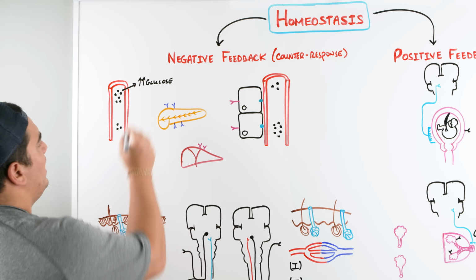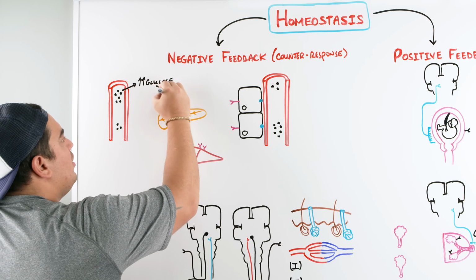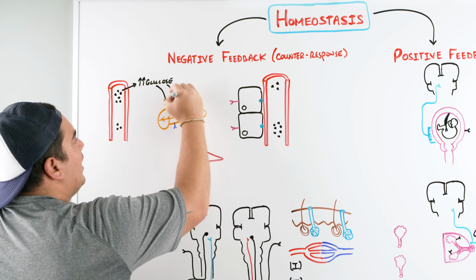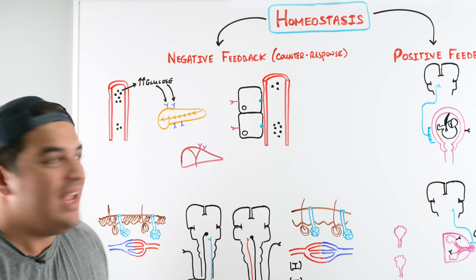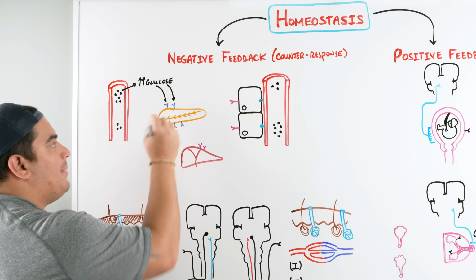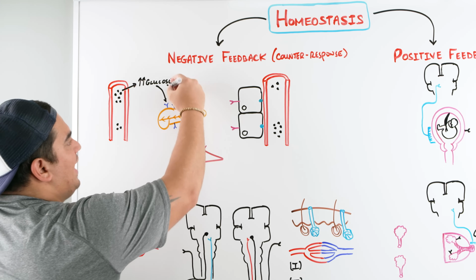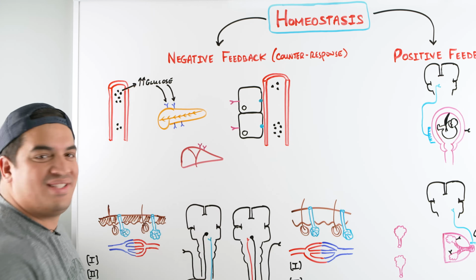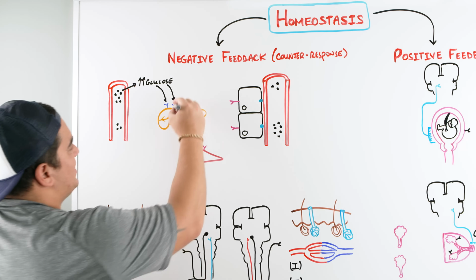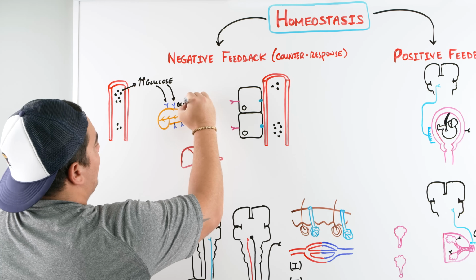This high glucose will then go to a particular organ in our body called the pancreas. And there are different types of cells. We call them pancreatic alpha cells, right? On these cells, they have little receptors. Some of these receptors we call glut receptors.